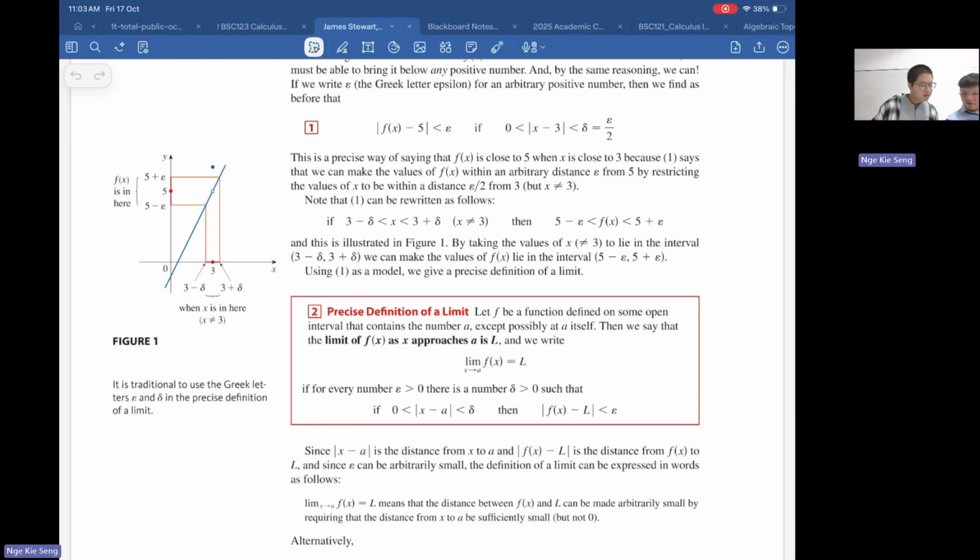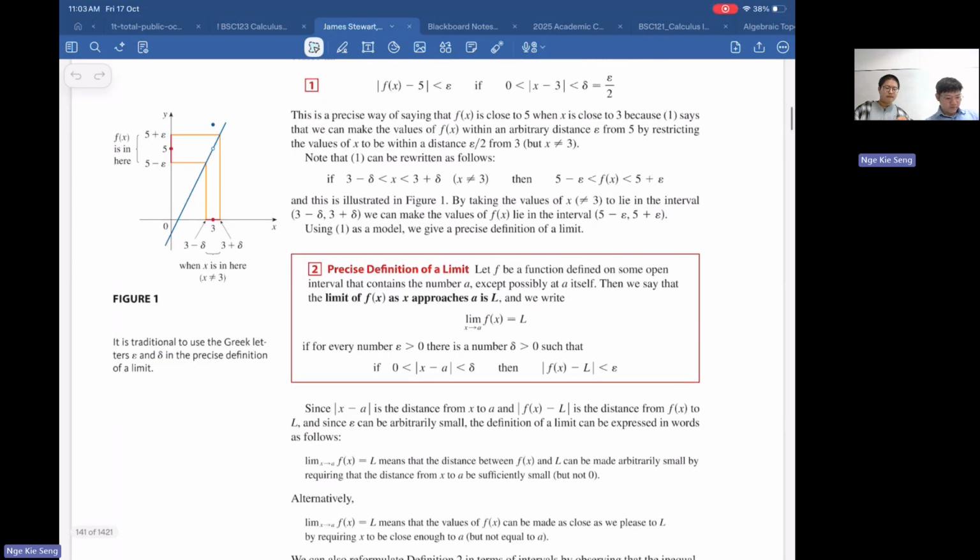You should take f(x) minus L, and x minus a. Then you need to check this: if you can find a delta such that this is less than epsilon, then you have shown it.